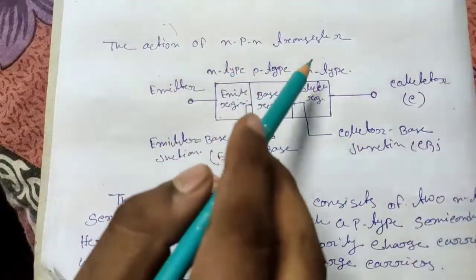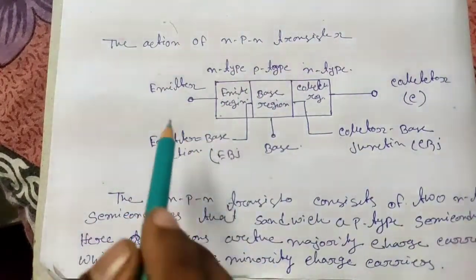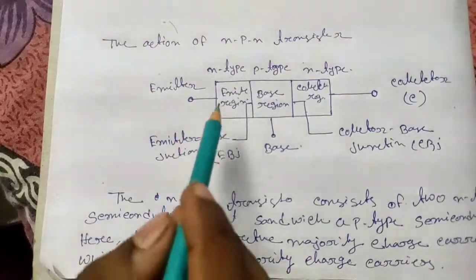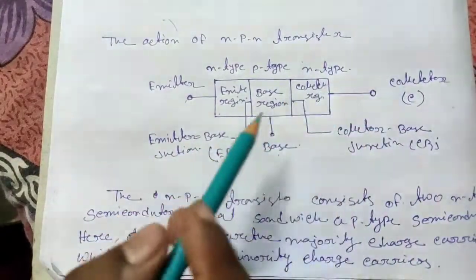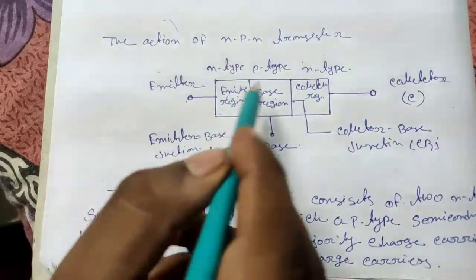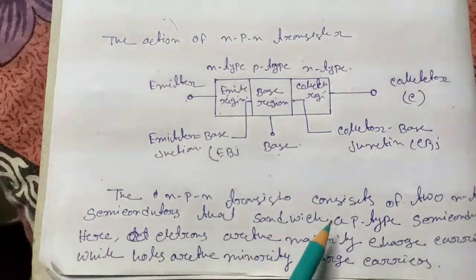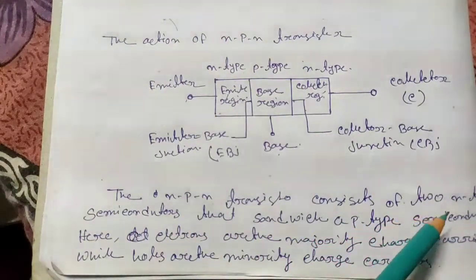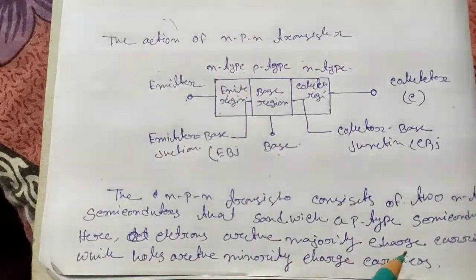The action of transistor. This is emitter, this is base, this is collector. N type, P type, N type. The NPN transistor consists of two N-type semiconductors that sandwich a P-type semiconductor.